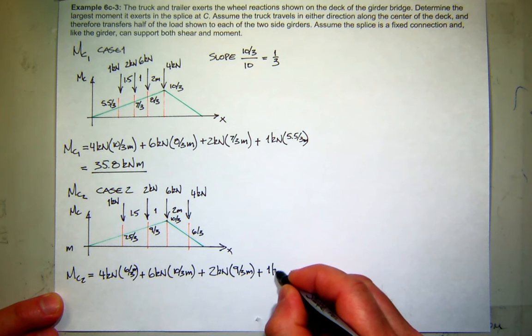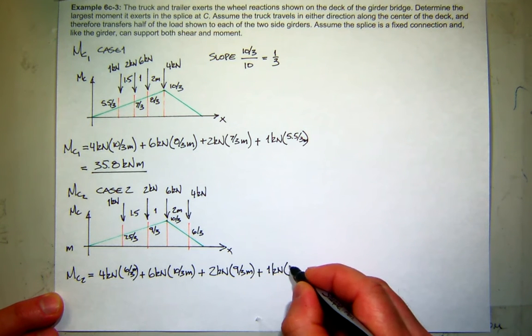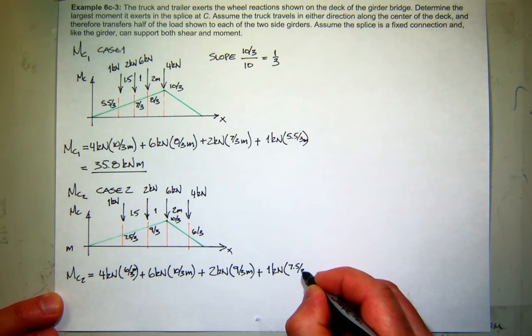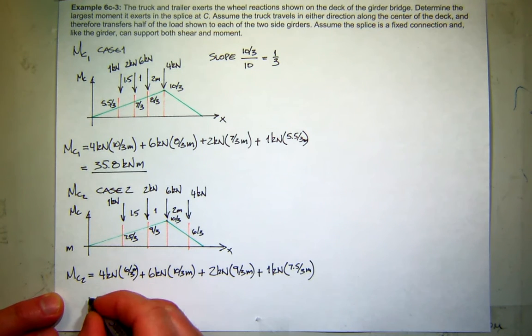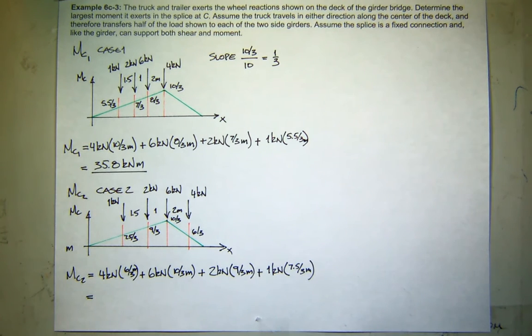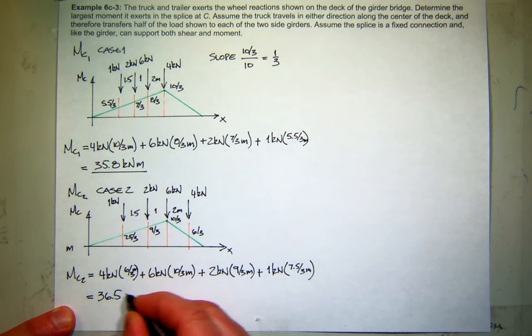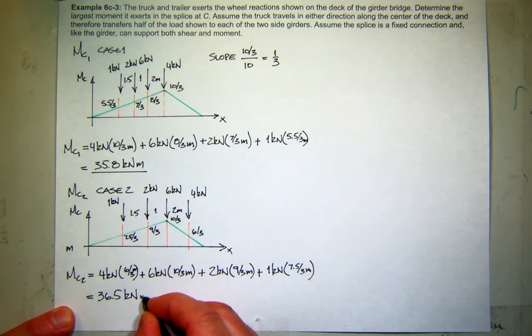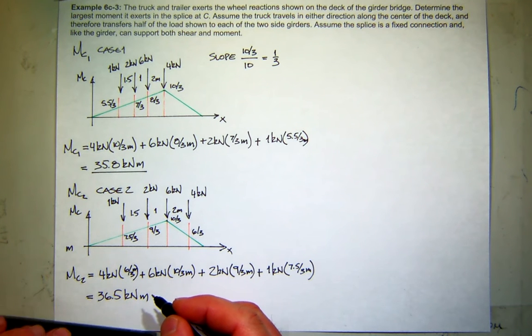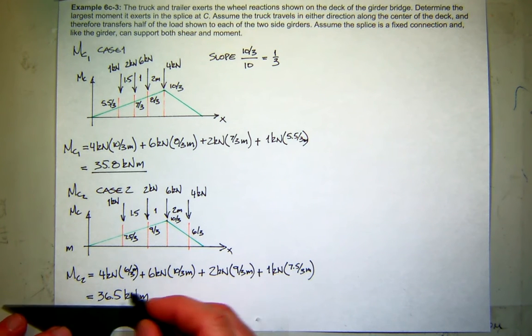Plus 1 kilonewton times 7.5 thirds meters. What's that? 36.5. Oh, it's better. 36.5? Anybody else get that? Yep. No? Yeah. I don't know.